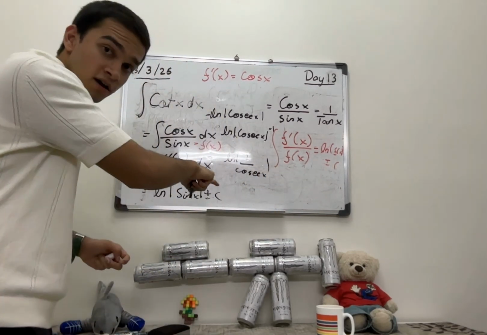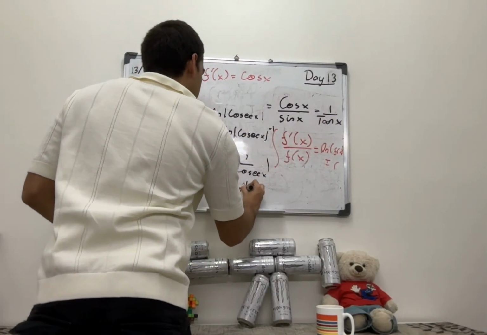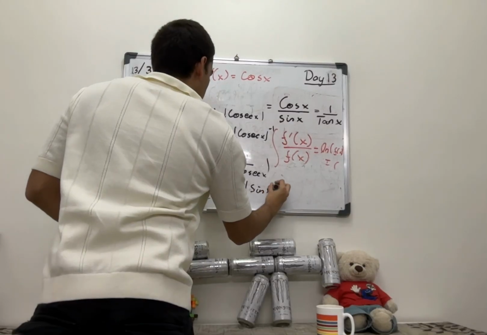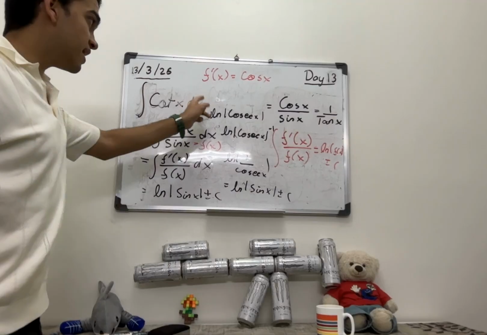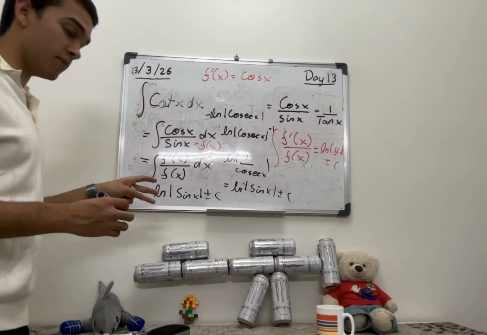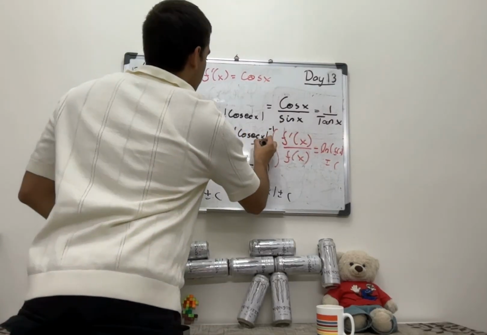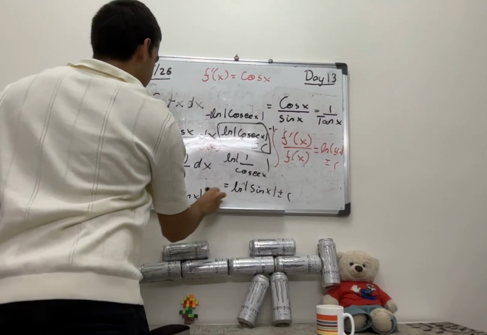So this becomes 1 by 1 by sin x, which just becomes ln sin x plus or minus c. So the integral of cot x can either be minus ln cosec x or ln of sin x plus or minus c, because you have to remember the constant. So it can either be this, our answer, or this.